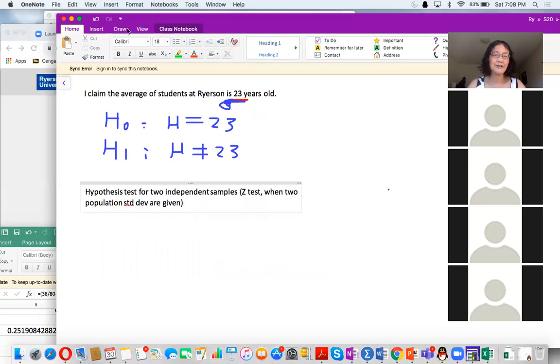Again, I will use that situation. I'm going to compare the average age at Ryerson University with the average age at University of Toronto.